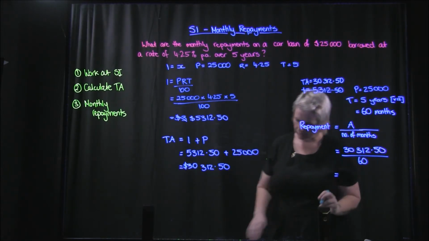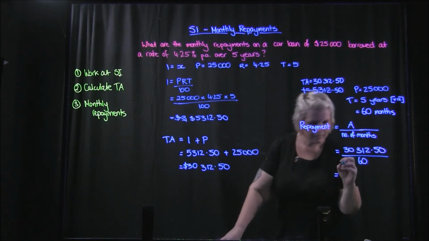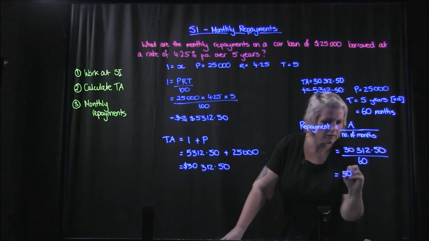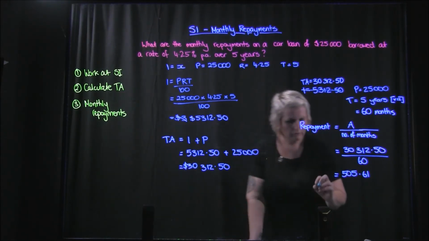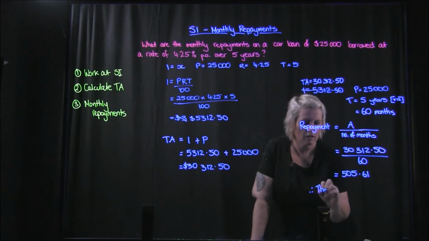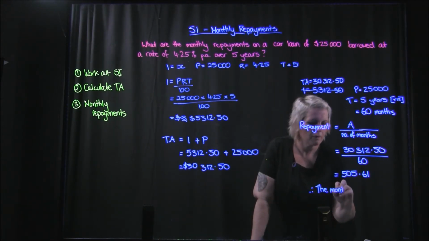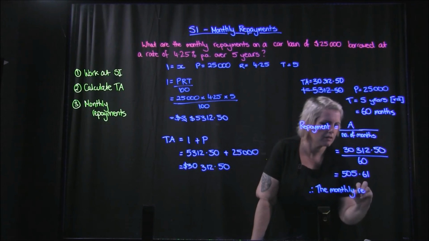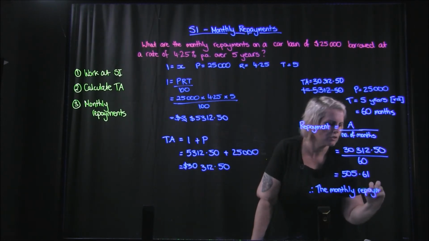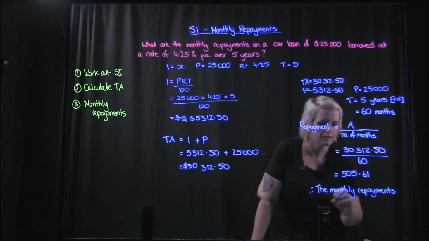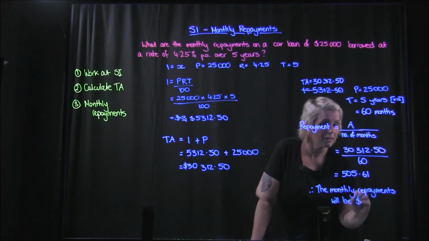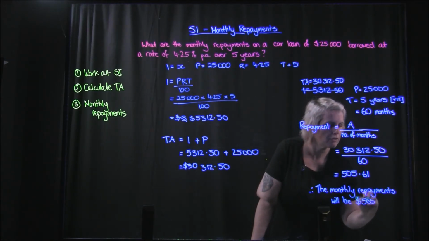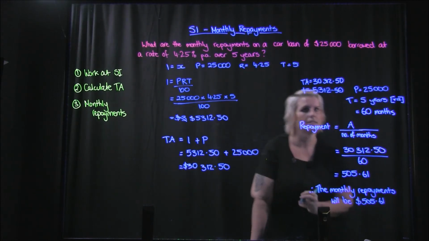So what I end up with is $505.61. So my monthly repayments, I just write my concluding sentence, and I make sure I've got my dollar signs in there, $505.61.